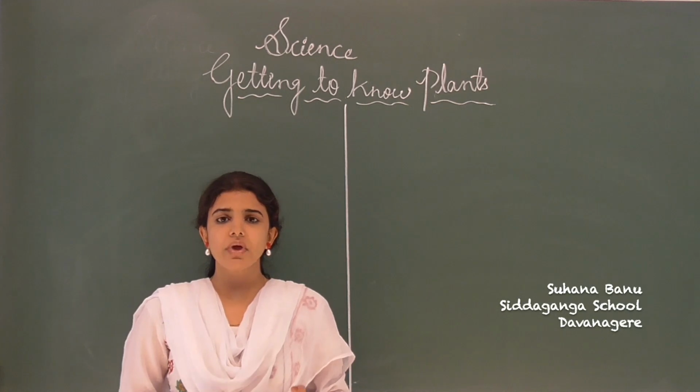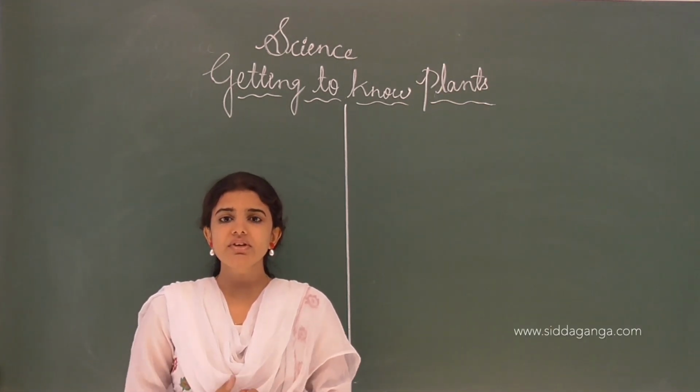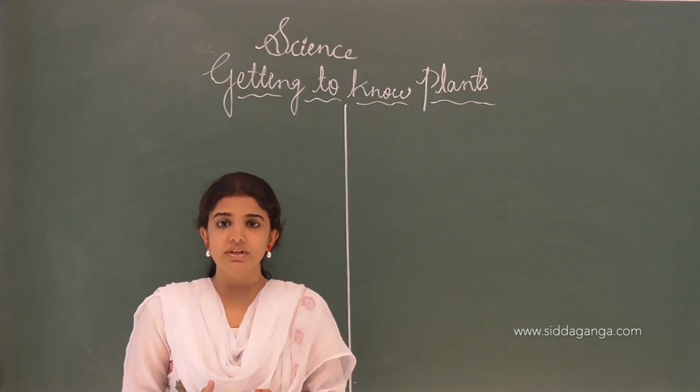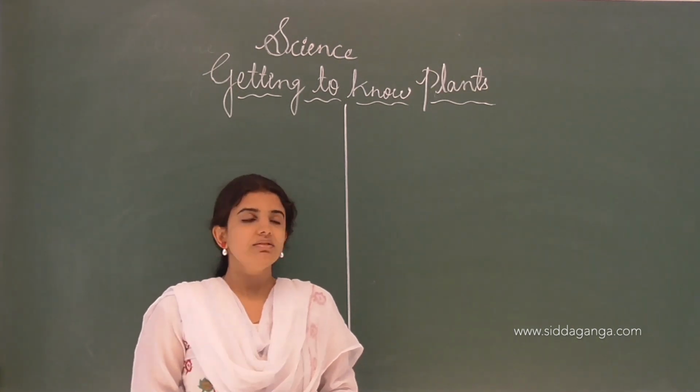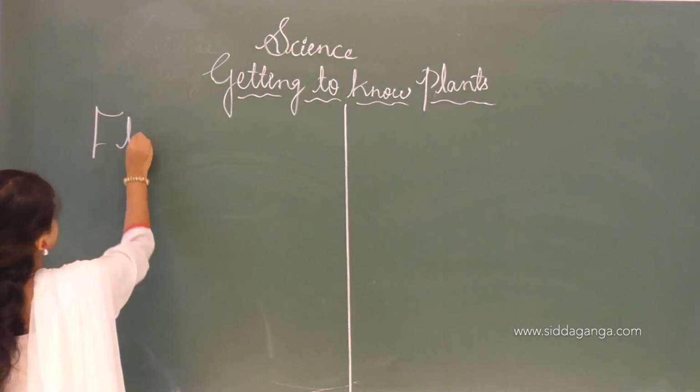Hello my dear students, we have been discussing the chapter Getting to Know Plants. In the previous class we saw in detail about the flower. Flower is nothing but the reproductive part of a plant.